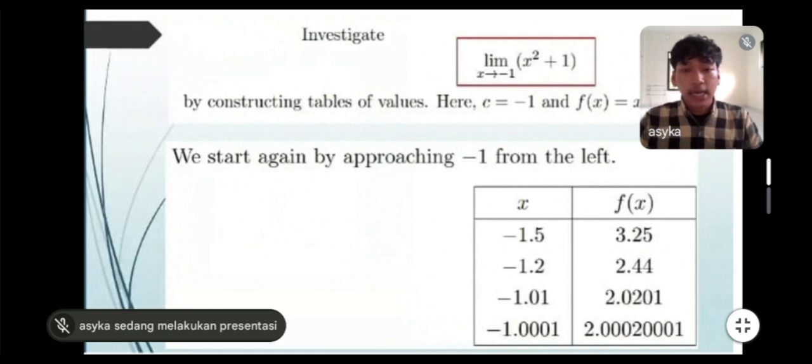Investigate the limit as x approaches minus 1 of x power of 2 plus 1 by constructing tables of values. Here c equals minus 1 and f(x) equals x power of 2 plus 1.